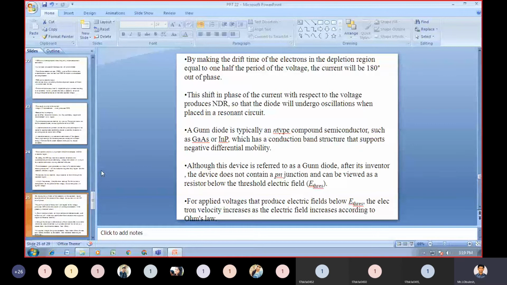Although this device is referred to as a Gunn diode after its inventor, the device does not contain a PN junction and can be viewed as a resistor below the threshold electric field. For applied voltages that produce an electric field below E threshold, the electron velocity increases as the electric field increases according to Ohm's law.